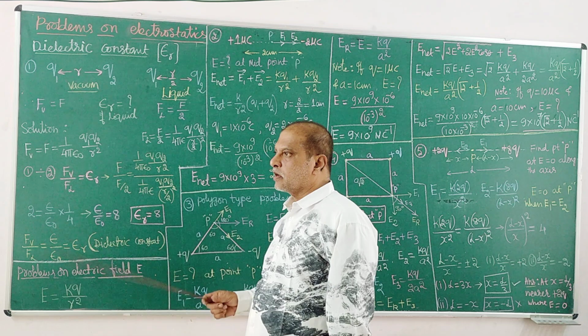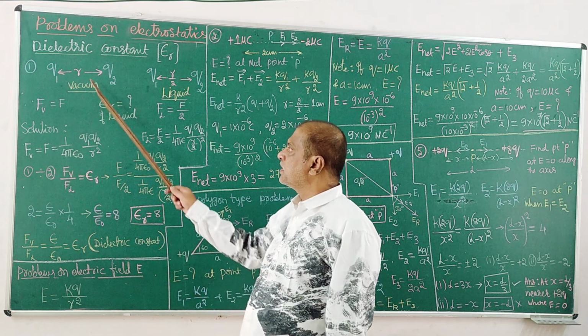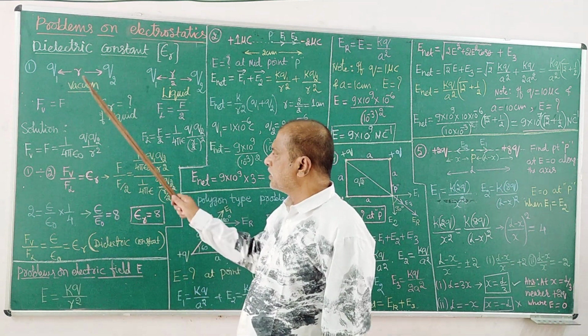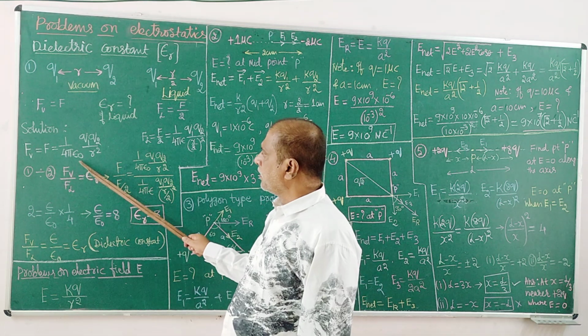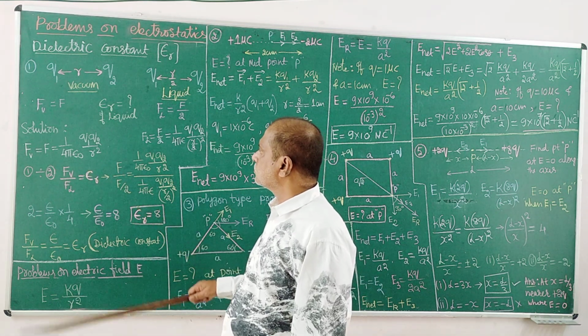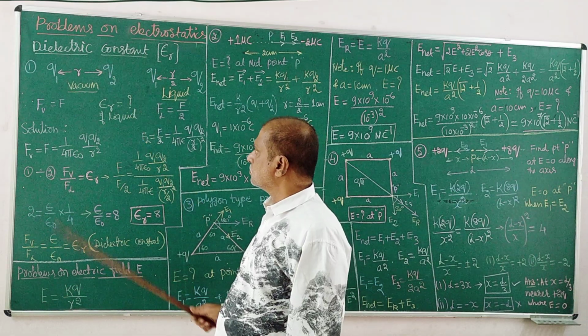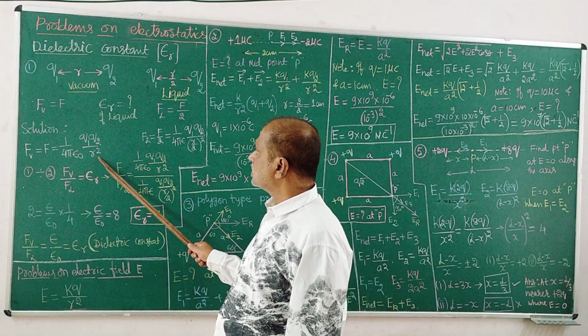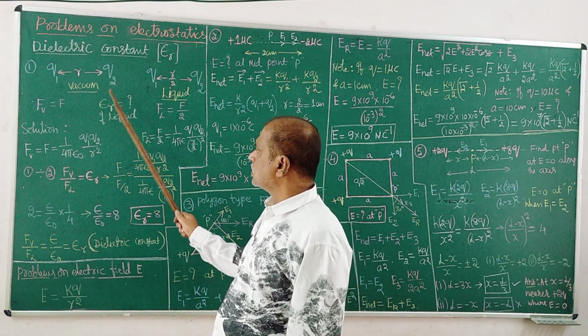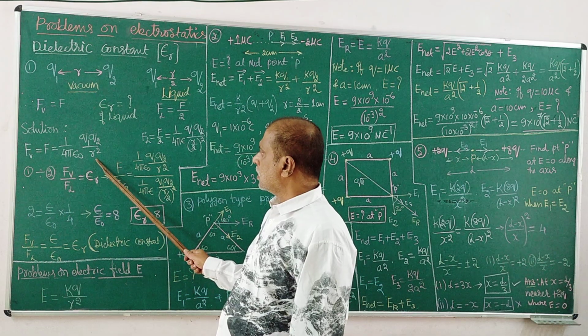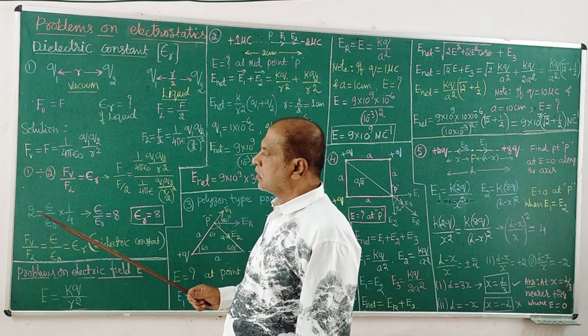Epsilon naught stands for permittivity of the space. I explained the meaning of permittivity epsilon naught in the previous class. Q1, Q2 are the magnitudes of the charges, and R is the distance between the two charges in accordance with Coulomb's law.